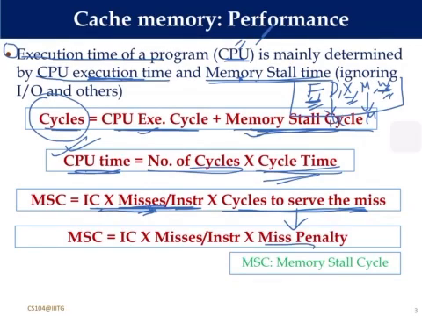So for a program, the memory stall cycle is the instruction count, IC, multiplied by the miss rate multiplied by the miss penalty. This will give us the memory stall cycle.